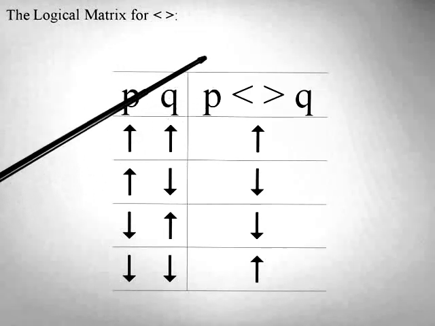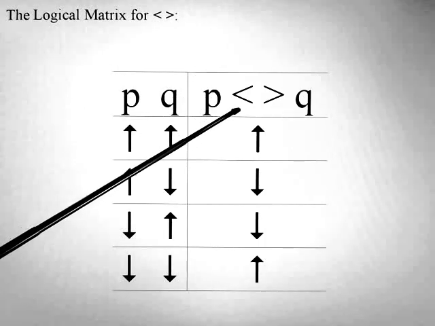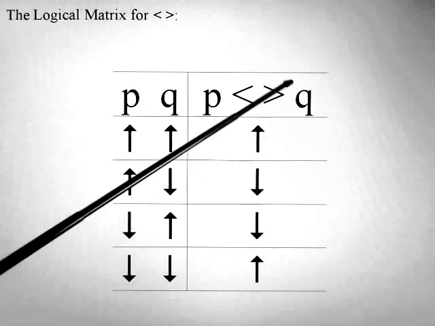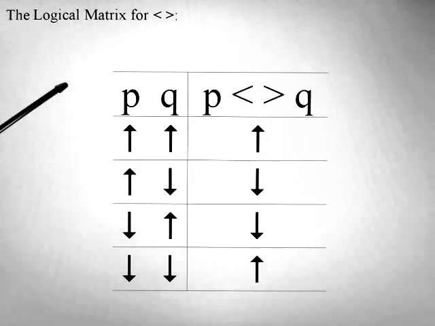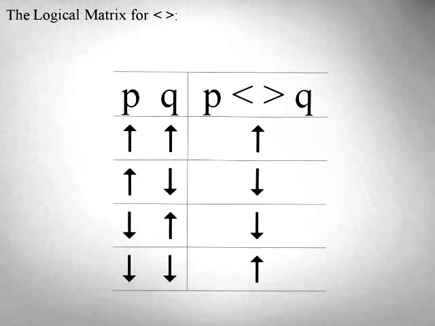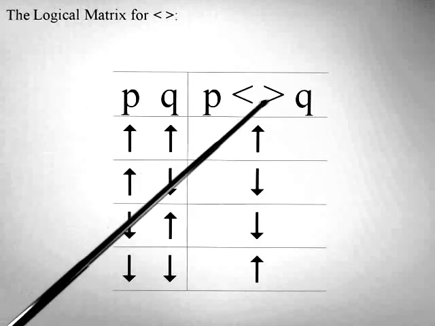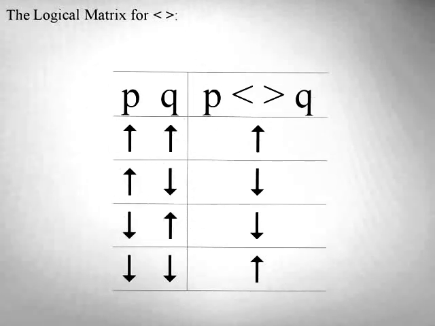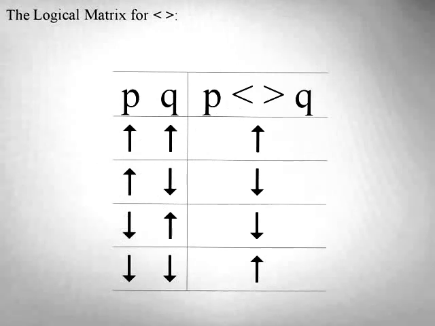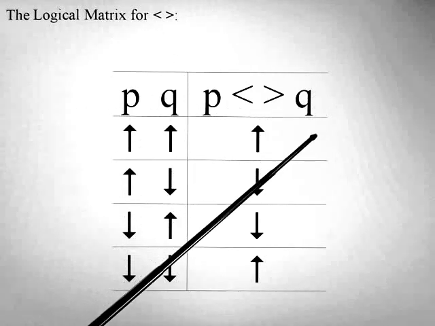We say that the logical value of P is equivalent or the same as the logical value of Q. And this is not, again, identity or equality, it's equivalence, saying that the logical values, which are similar to mathematical magnitude, but of course not the same thing, are the same. And of course, this will be a true statement only when the value of P is the same as the value of Q.